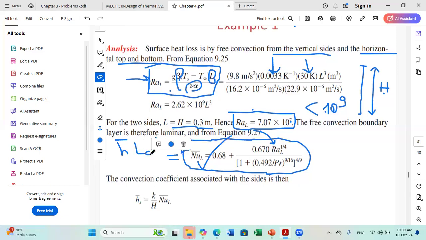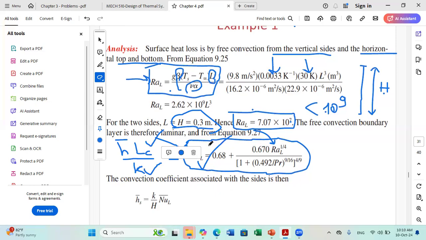What is the characteristic length here, we said, for the vertical surface? For the vertical surface, the characteristic length is the height, 0.3. So I replace L characteristic by 0.3, over conductivity k. You have the characteristic length, which is the height. You have the conductivity from the properties of air at this temperature.